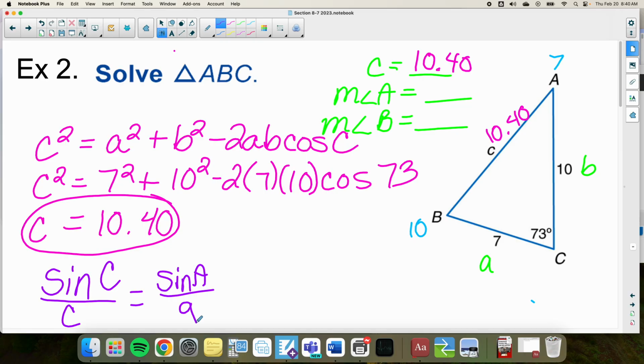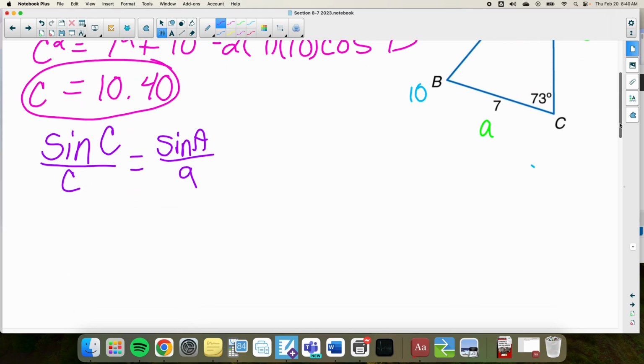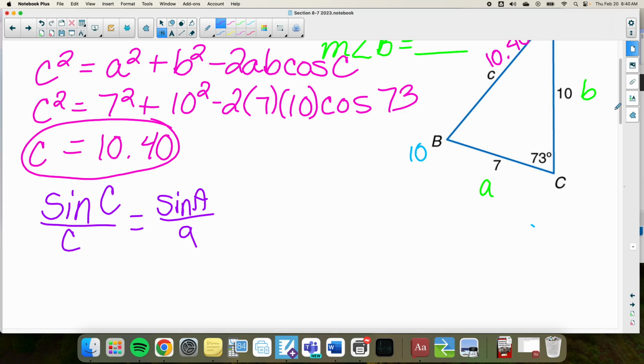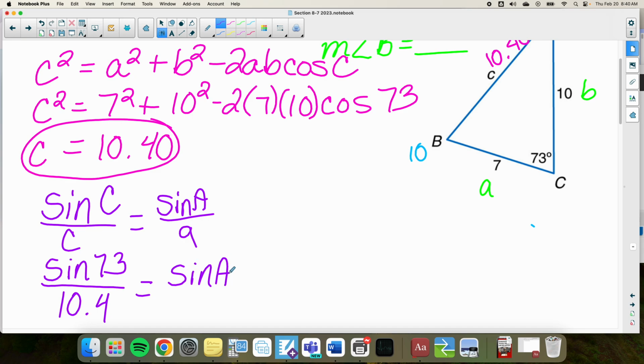In this bottom one you're using sine. So don't get confused about that. Now sine of C is sine of 73. Little c is 10.4. Sine of A is what I'm looking for. And little a is 7.